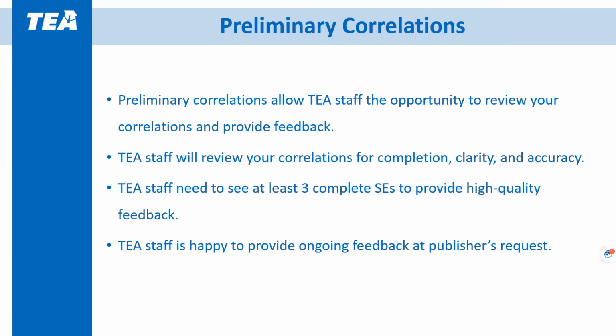Okay, and then my second two questions are just clarifications. When we are entering our program level information, the ISBN that we're adding there at the very beginning is really our complete description ISBN, correct? And then the component ISBNs that we then reference in the specific correlations are those TEKS-bearing components that are included on our complete description.